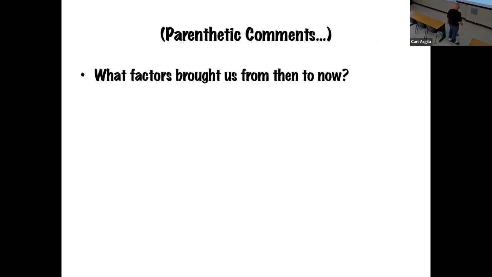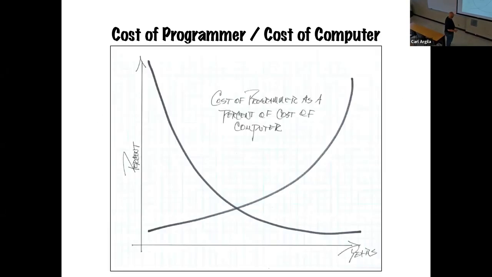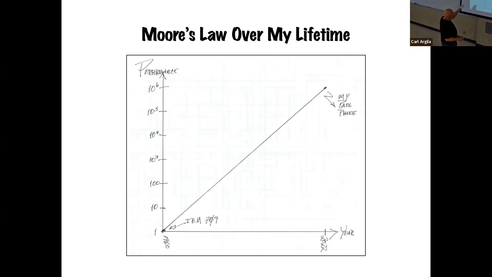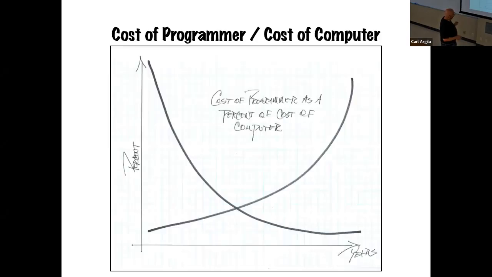So let's move on. By the way, this amazing graph, the first of two amazing graphs, shows how Moore's Law has evolved over my lifetime. And this amazing graph shows how the cost of programmer has reversed vis-a-vis the cost of computer.